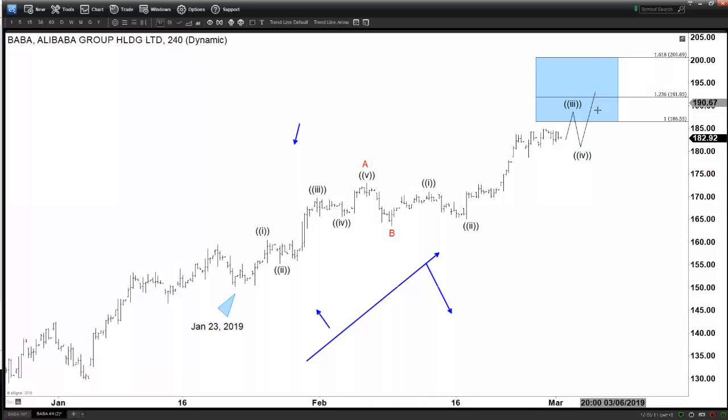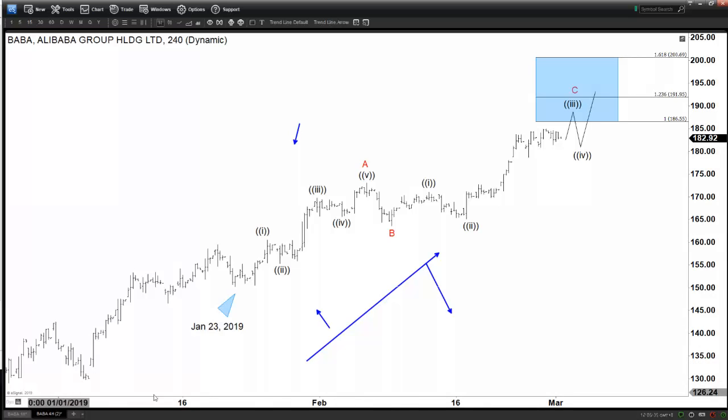Now we are about to reach the area in which the C leg is going to be equal to the A leg. Right here, that means we should soon see some sort of pullback. It can still see another leg higher, no doubt about it.